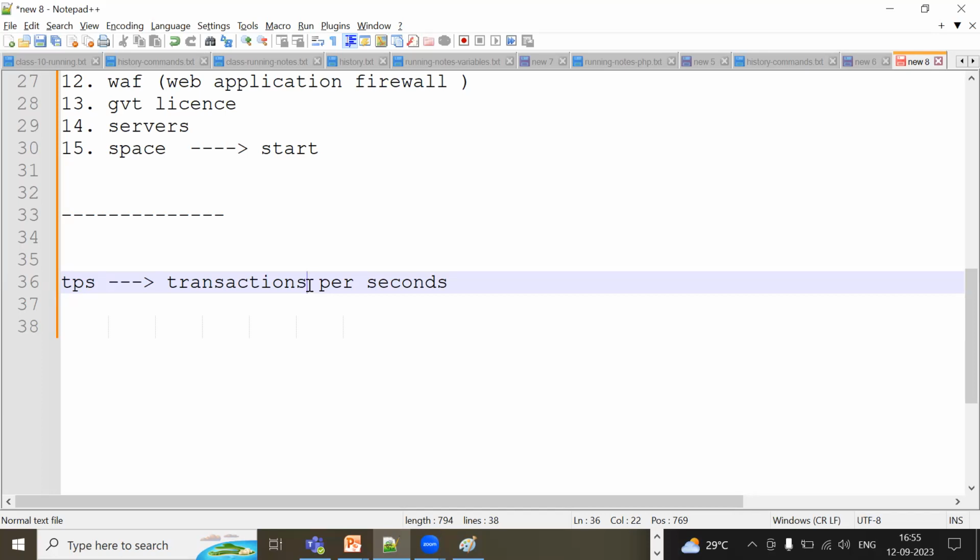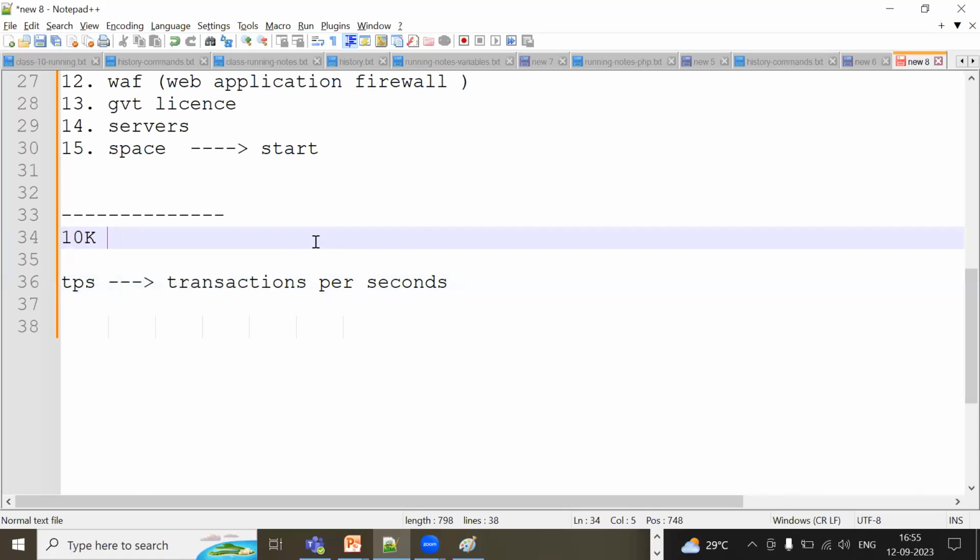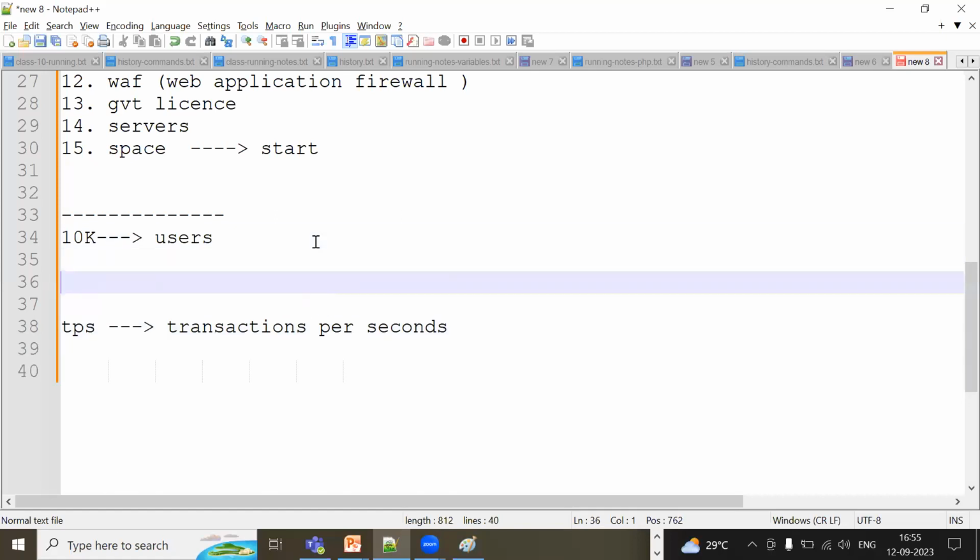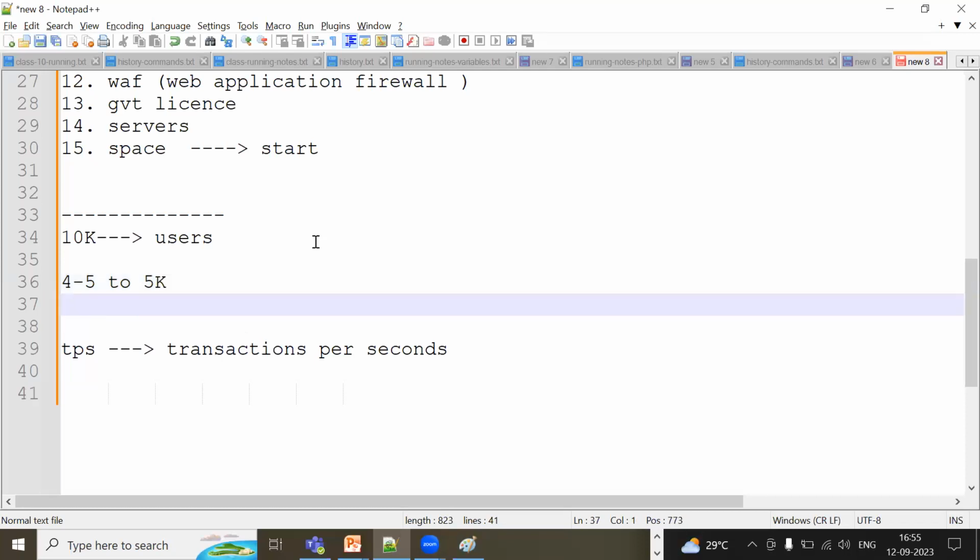And if your traffic suddenly increases, you had estimated something like 10K users coming and using your application, and from 4 to 5 it will be 5K, and after 12 a.m. something like 3K.